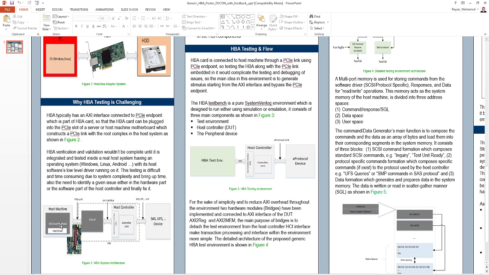This testing is difficult and time consuming, the system is complex, and the bring up time is not small. A host controller is usually composed of two different parts, software and hardware, so it is hard to spot any issue and finally fix it in the host controller in such a complex system.